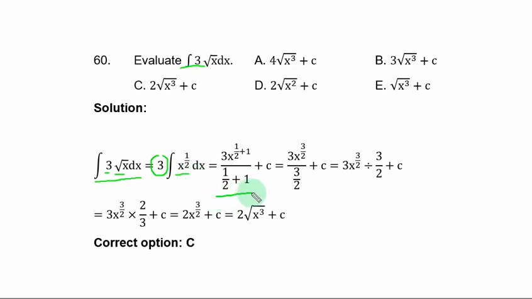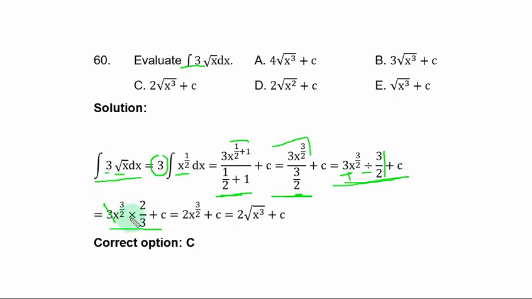If you add the powers in the numerator, you have 3s power 3 over 2. If you add 1 to half, you have 3 over 2. So if you divide the two terms in this form, you can write this over 1 or leave it, but this division sign changes to multiplication and you invert this fraction, so you have it in this form.